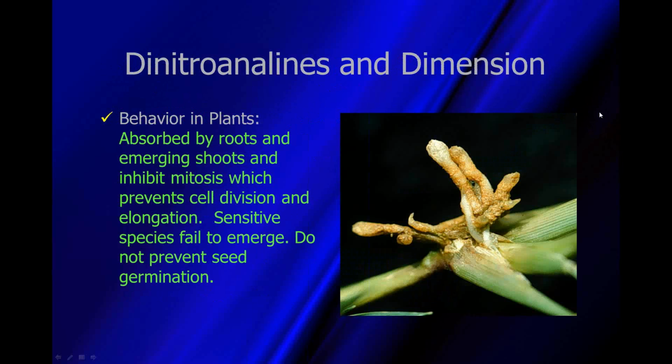Now, one thing about these is that the dinitroanilins and Dimension, as their chemistry, inhibit the root system of emerging roots as they come out from the weed seed that they're trying to control. They stop root growth and therefore kill the plant.